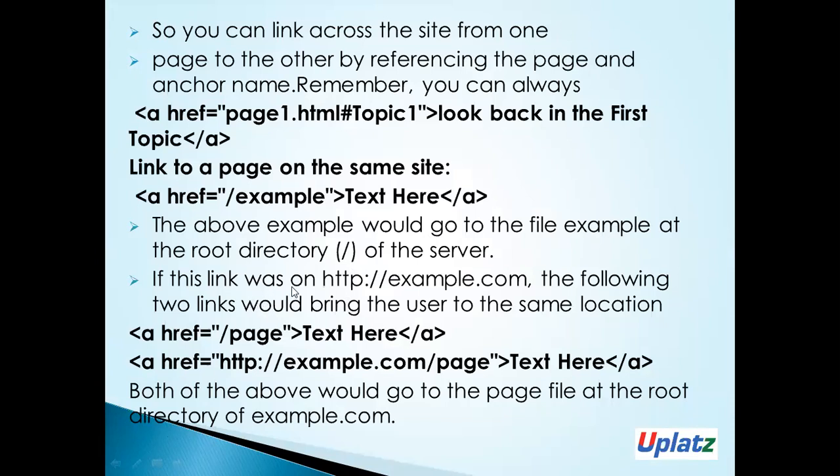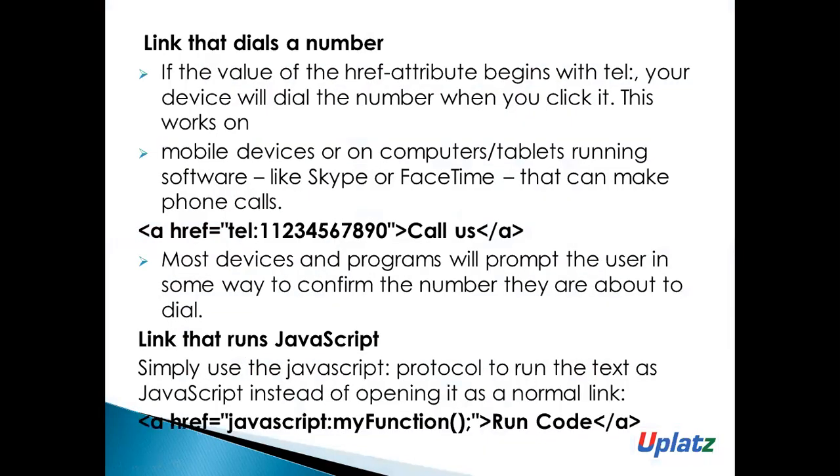If a link was on this particular http example.com, the following two links will bring the user to the same location. So href with the particular page text, and href with this link text here, will each generate a link. If I click on it, it will navigate to the particular page. Both will go to the page file at the root directory, so both should be the same.